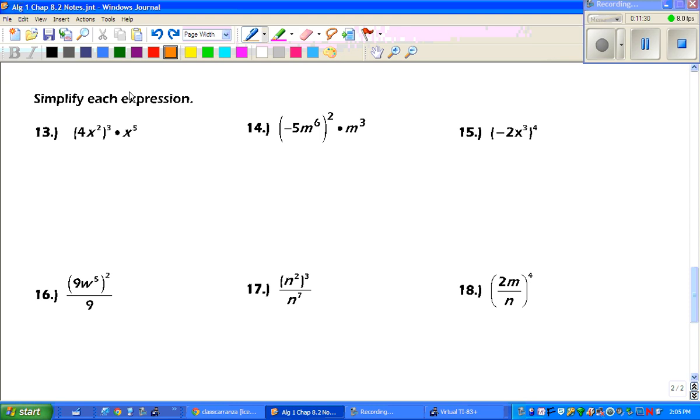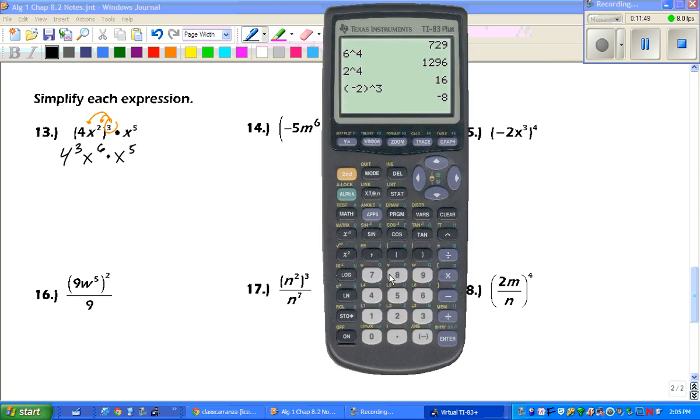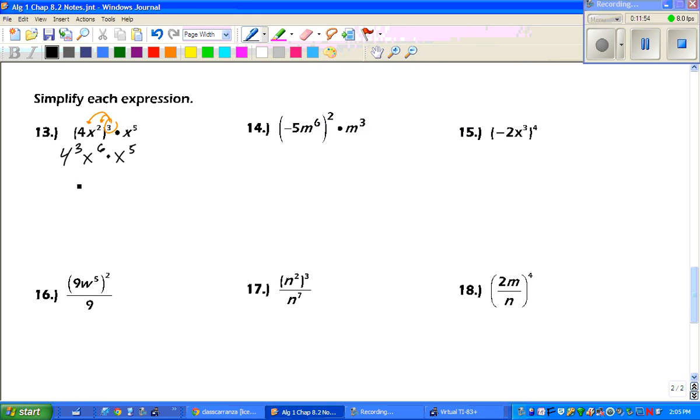All right, simplify each expression. Now, the first thing that we would do here would be to distribute that. And we would get 4 to the third x to the 6th times x to the 5th. Okay, so from this point, we would need to know what 4 to the third is, which is 64.